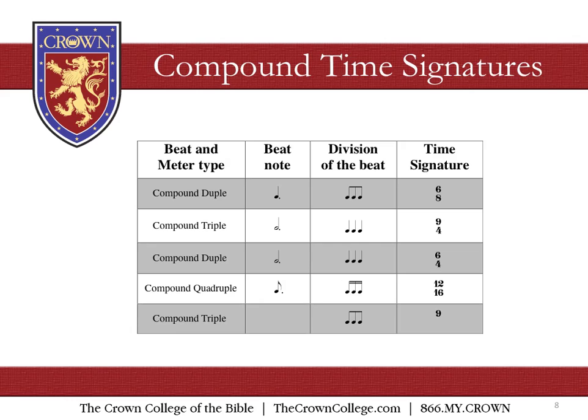The division of our beat is 3 eighth notes. What's an eighth note plus an eighth note plus another eighth note? It's a dotted quarter note. Now, can we represent a dotted quarter note on the bottom of our time signature? No, we can't. So instead, we have to use the division of the beat. The division of our beat is an eighth note. So our complete time signature is 9/8.